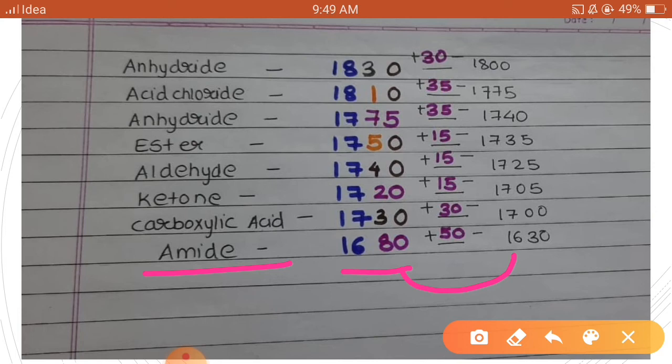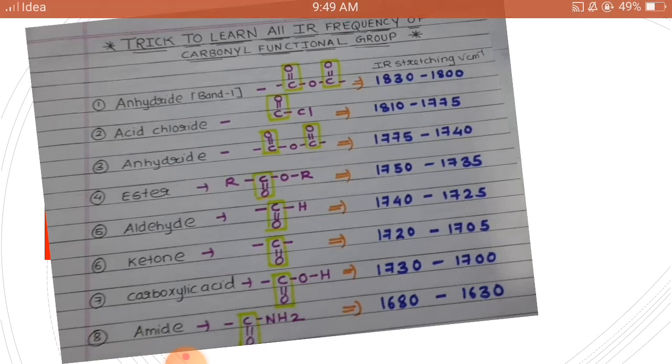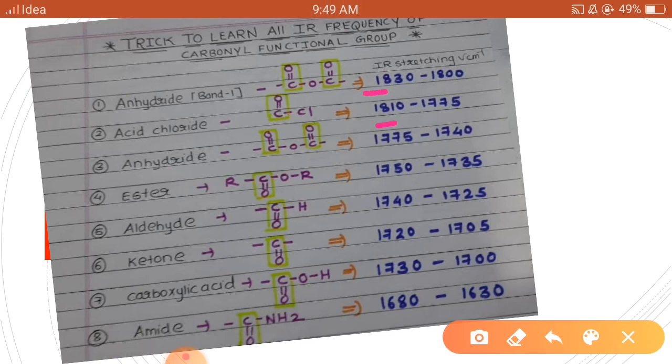This was quite an easy trick to remember all the carbonyl stretching frequencies of the respective functional groups. I think now you are done with all the carbonyl stretching frequencies. Now I will repeat the whole trick in short. First we write 18, 18 and 16, and the remaining all 17.